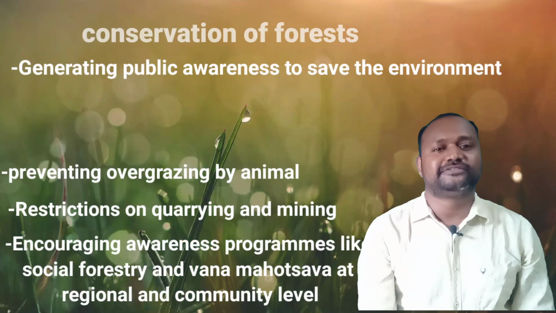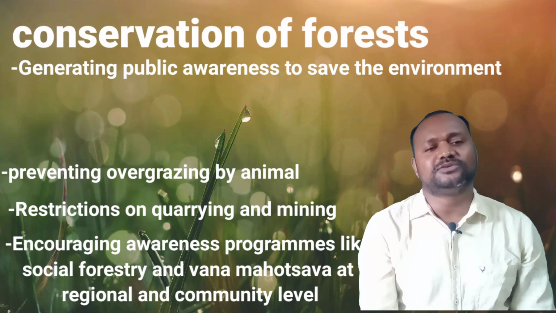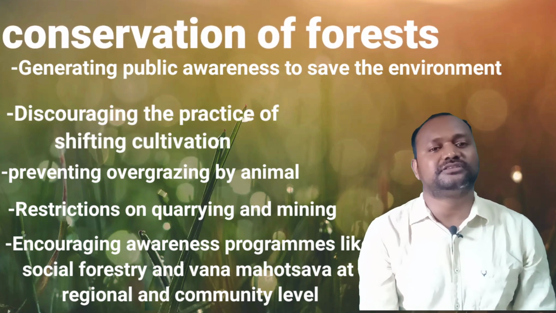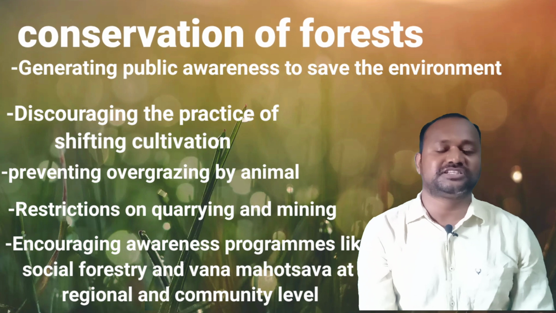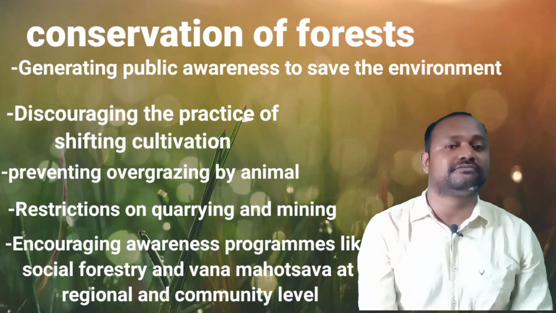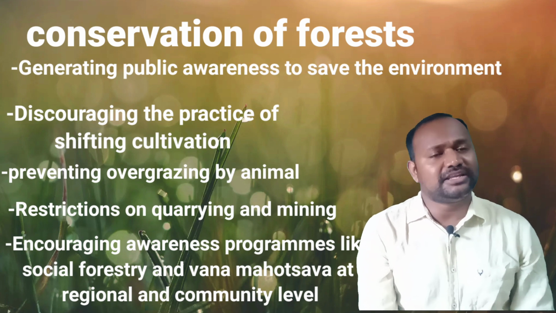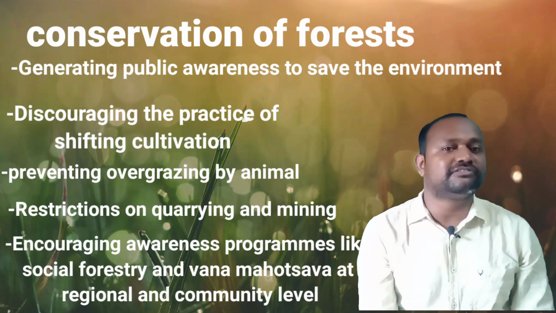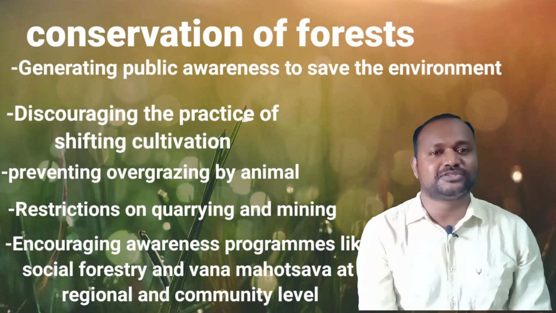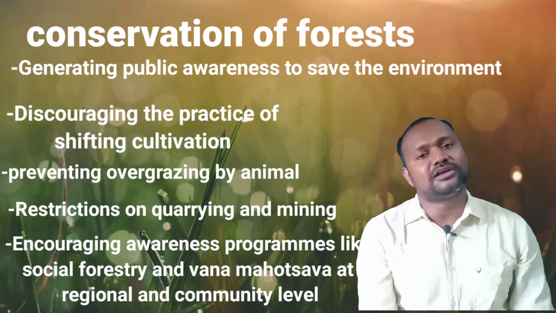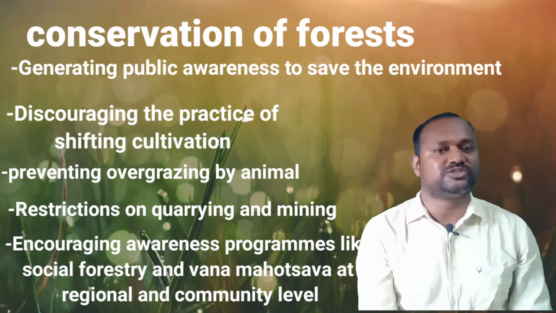First of all, we have to think about conservation. As we know, there are a lot of demerits of deforestation. We have landslides, global climatic change, and many other effects. Soil erosion is also a part of it. So how can we conserve the natural vegetation?